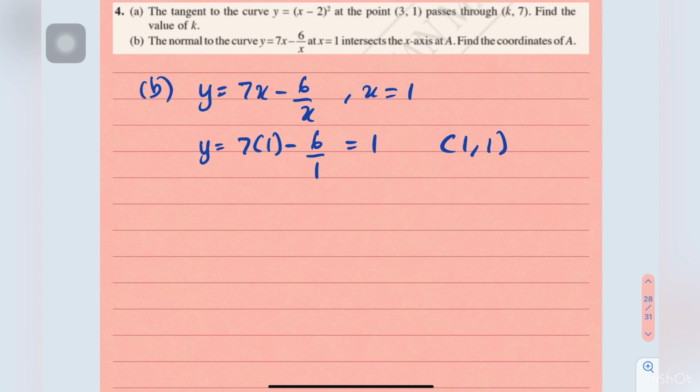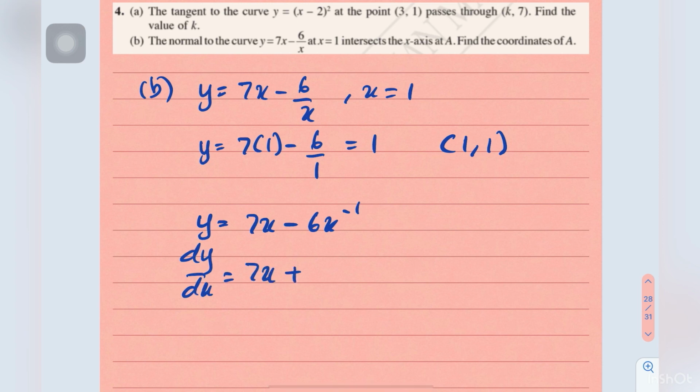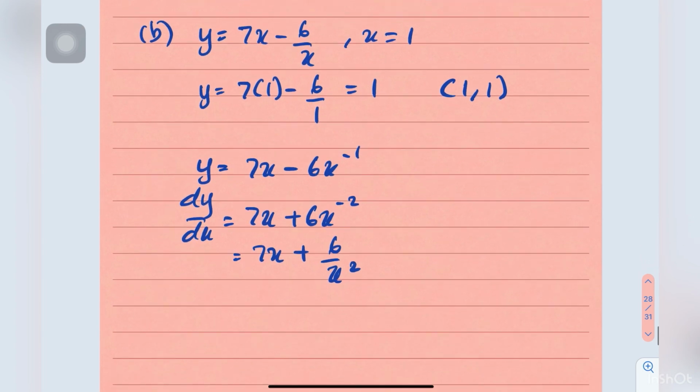Given that the normal to the curve, we have to find the tangent first, the gradient of the tangent first. To find the gradient of the tangent, we differentiate. y equals 7x minus 6x to the power of -1. So dy/dx is 7 plus 6x to the power of -2, which is 7 plus 6 over x squared. x is 1, so plus 6 over 1.